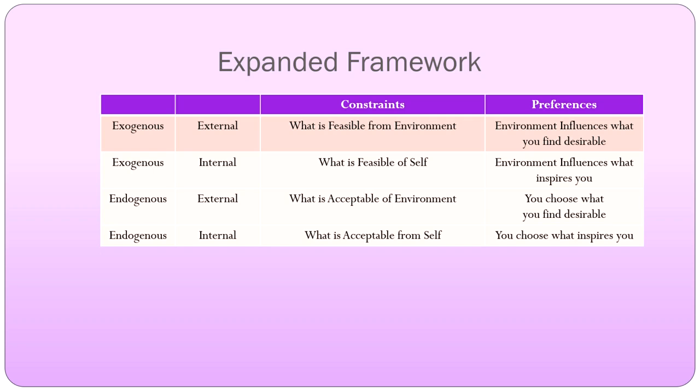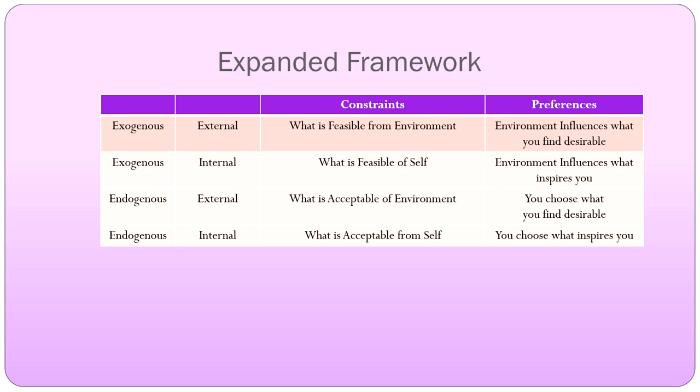Now, this becomes relevant because this is saying how things like advertising and marketing can impact you as a decision maker. Exogenous and internal would be about what is feasible of self, right? What can we choose from about who we are? And that would be the constraint that has these 2 qualities. And in terms of preferences, this is how the environment influences what inspires you.